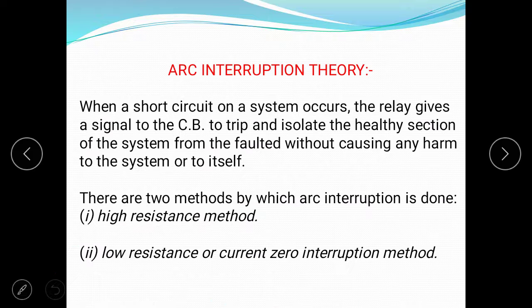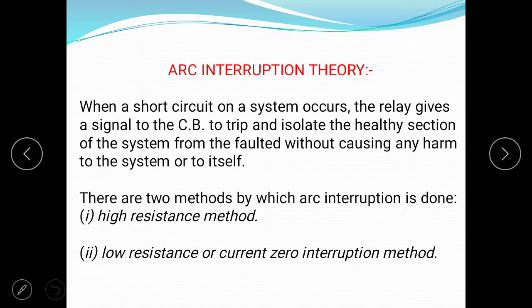So now we discuss about the arc interruption theories. We know that arc between the contacts is the phenomena of ionization of the gas particles or air particles between the contacts of the circuit breaker. So to interrupt this arc, there are some methods.